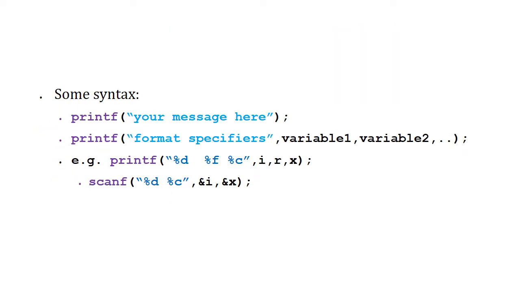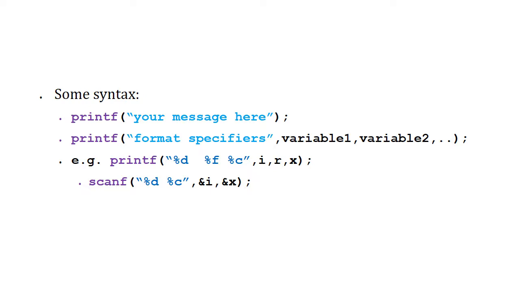So using whatever we have discussed, let us see in what all ways we can use printf. The simple syntax of printf is that inside printf, within the brackets and in double quotation, you will write down your message, whatever you want to display. If we want to write, let's say, printf, in the double quotations we write the format specifiers, and then we provide the names of the variables separated by commas.